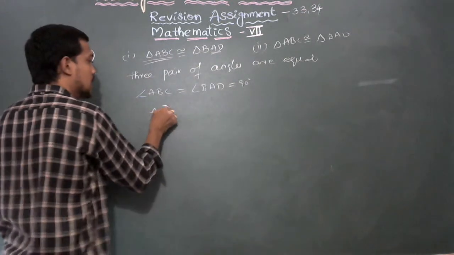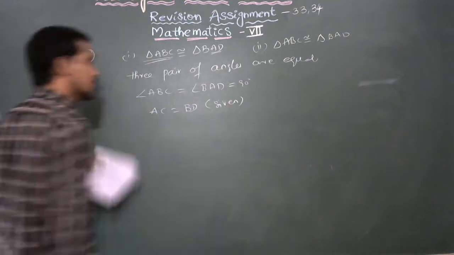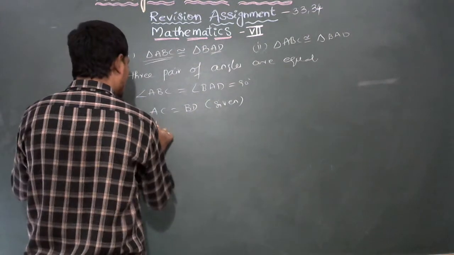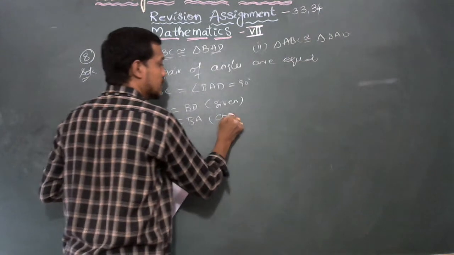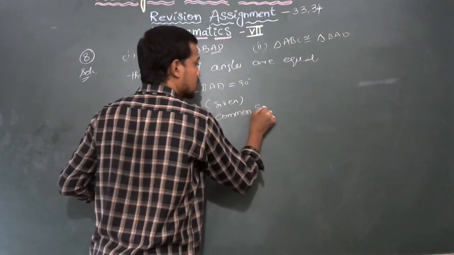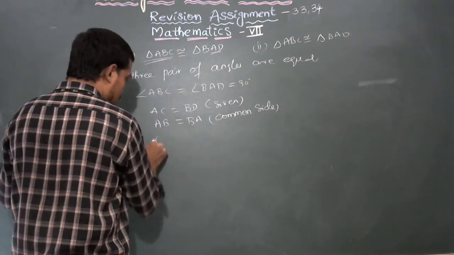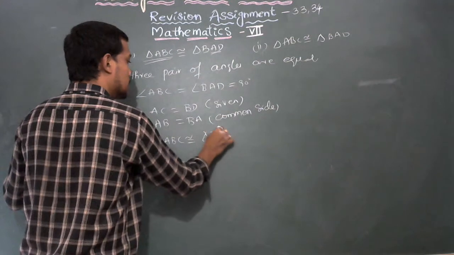So in this question AC equal to BD is given. So AB equal to BA. So this one is the common side. So automatically triangle ABC is congruent to triangle BAD.